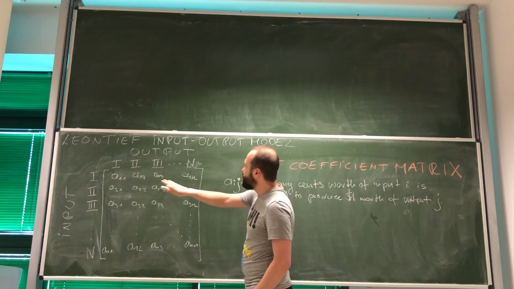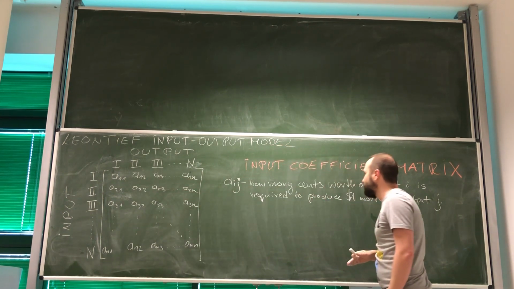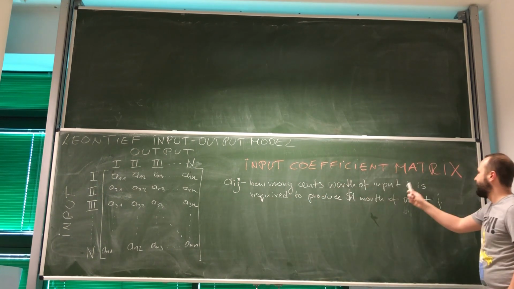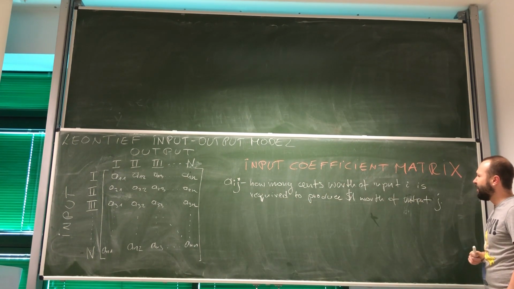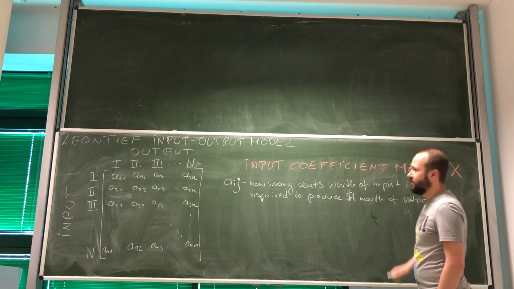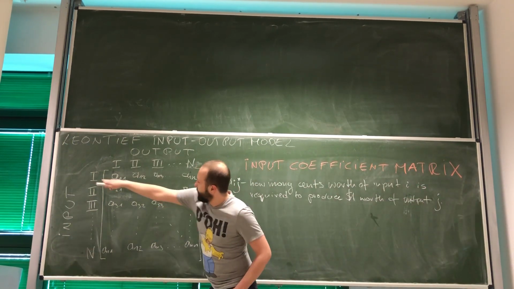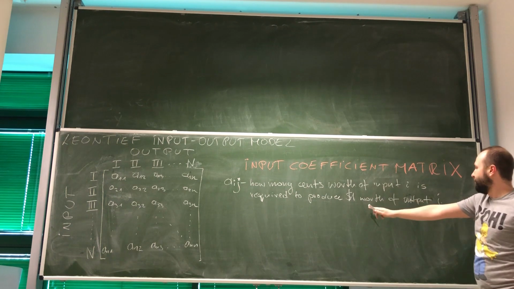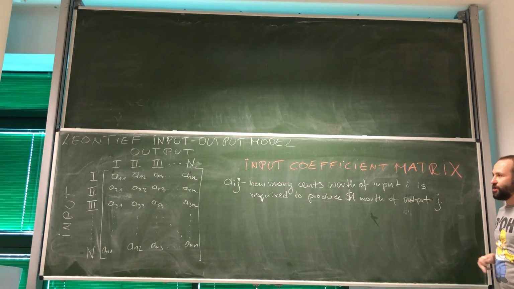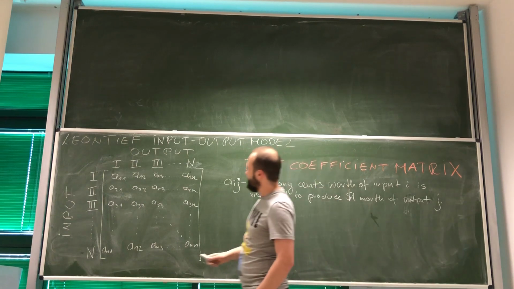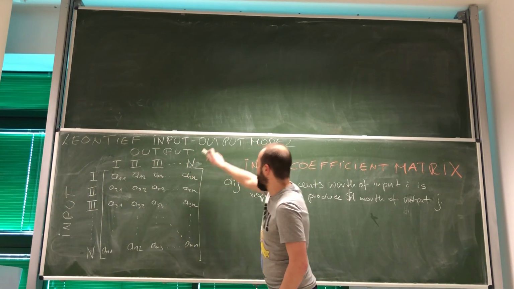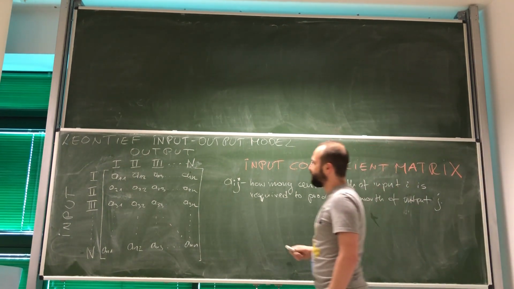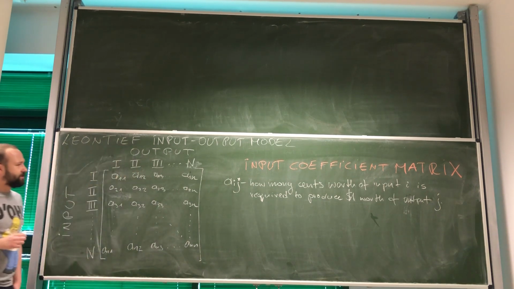It means that each of the elements inside that input coefficient matrix is telling you how many cents worth of an input i, so the ones that we've got here, is required to produce $1 worth of output j, so those outputs that we've got over here. Okay, once we do a couple of examples, I think you're going to get it quite well.